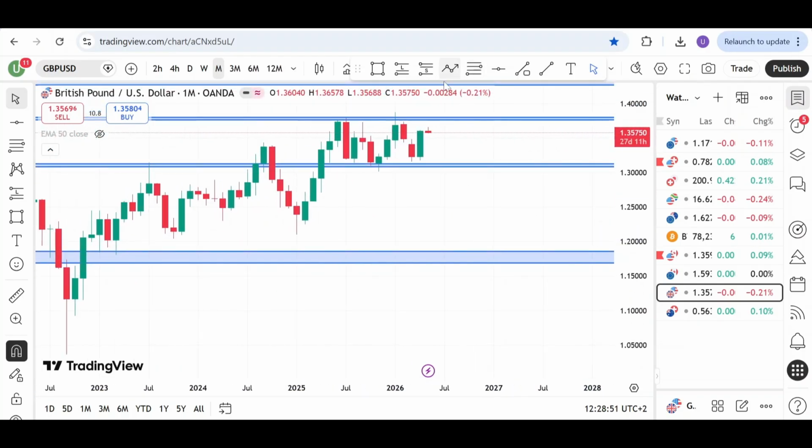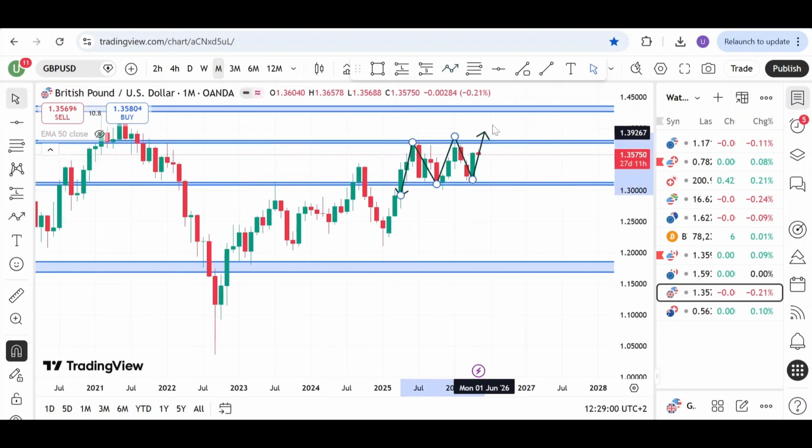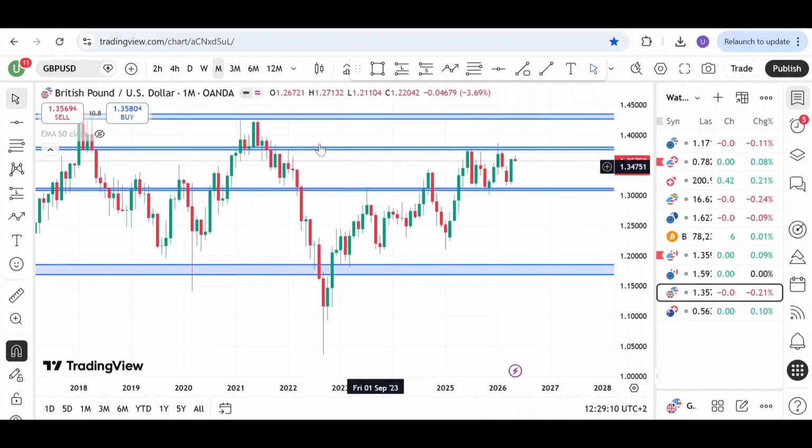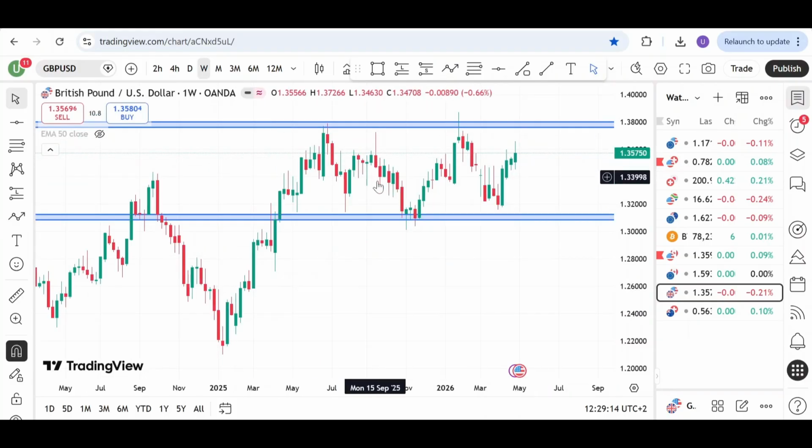You see, once we are in a range or a consolidation like this, we can expect the market to continue in an uptrend here, okay, to break this consolidation zone, or we can expect the price again to keep returning back here. But to be very clear, let's go to a weekly time frame to see really what's going on.